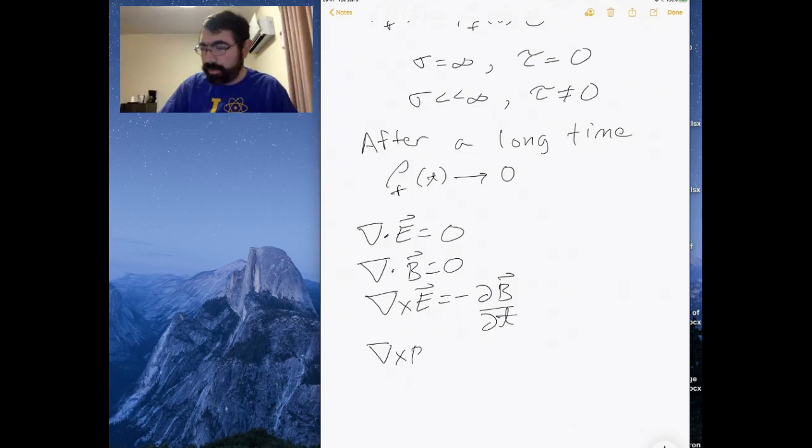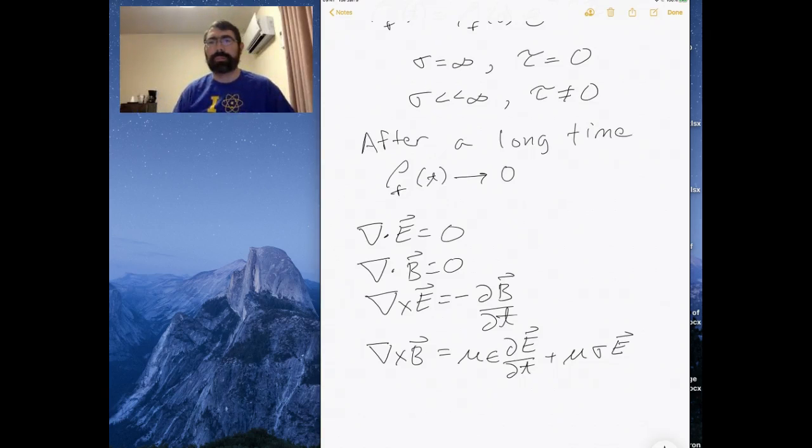And the interesting one is the curl of the magnetic field: you still have the time derivative of the electric field, but you also now have mu sigma times the electric field. So the electric field is still there, even though the free charge had dissipated.